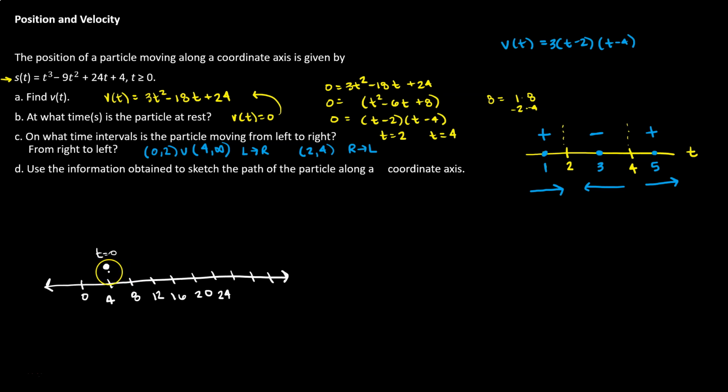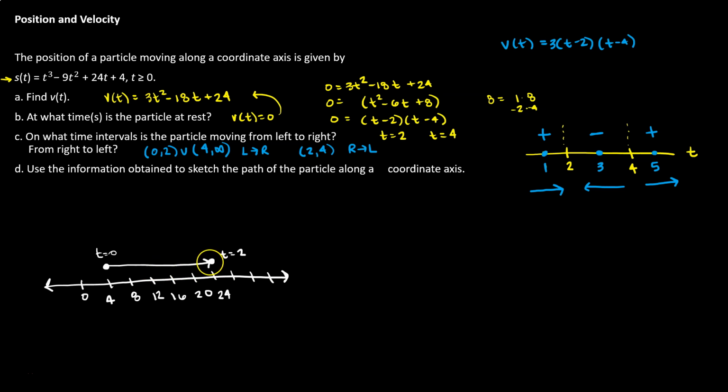So we will plug in 2 to our function and we'll get out 24. So right here, we're at t equals 2. We moved forward until 2 seconds. At 2 seconds, our position was 24.